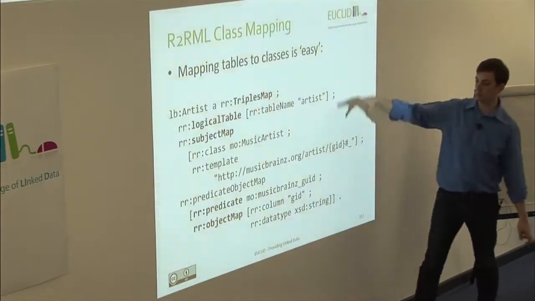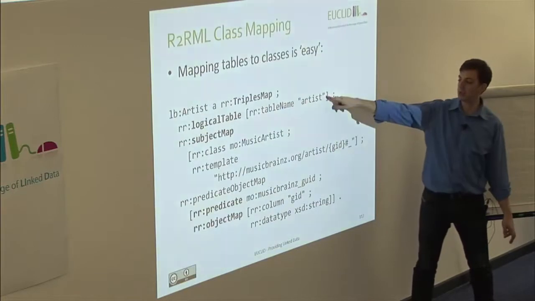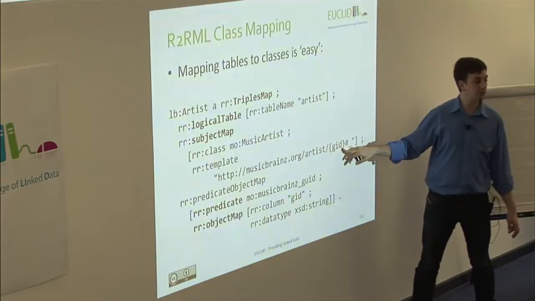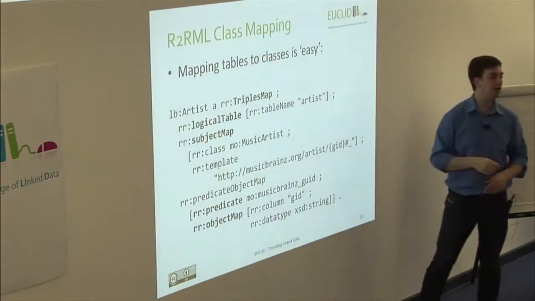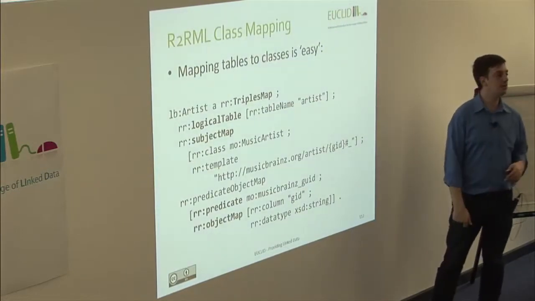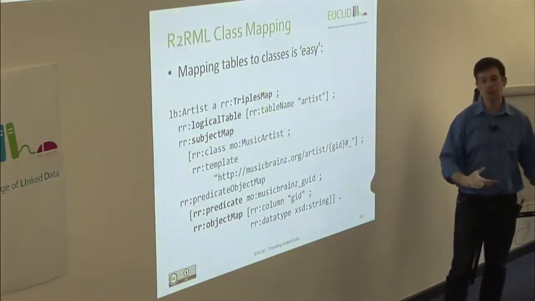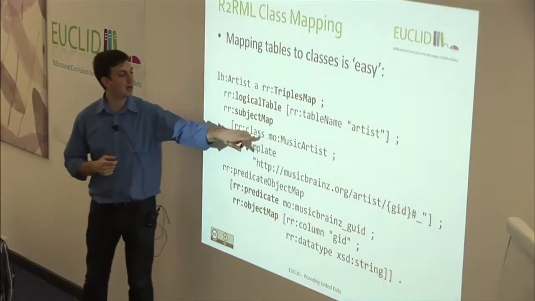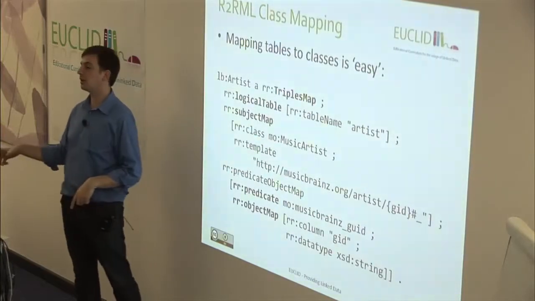When this rule picks up from the artist table, okay, the column that has the GUID for Beatles, it's going to construct a URI, the one that we've been using throughout, with a #_ in the end. That means we're really making a statement in this triple about the Beatles. Okay? The first thing you get from this rule is the Beatles are a music artist. They go in the class.